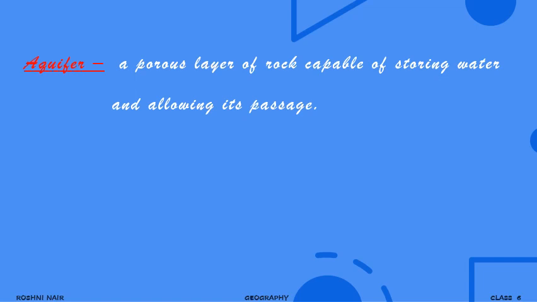Not the purifiers which we use, I'm talking about the geographical feature aquifer. That means it is a layer of porous rocks, and these rocks will allow some water to pass through it, and also some water is stored.